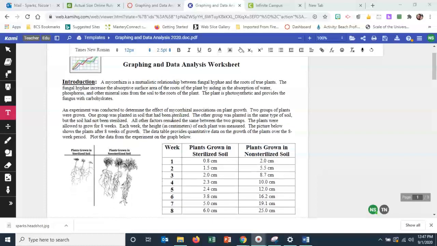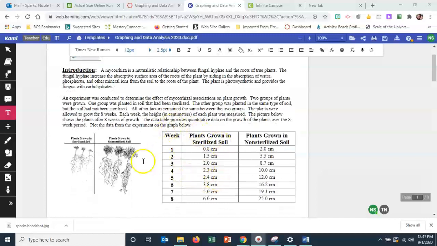If we take a look at our data and the picture they gave us, we have some qualitative information written out here, which says the experiment was conducted to determine the effects of mycorrhizal association on plant growth. Two groups of plants were grown. One group was planted in soil that had been sterilized.